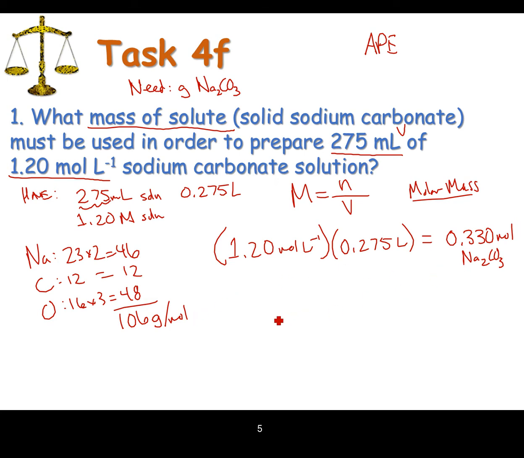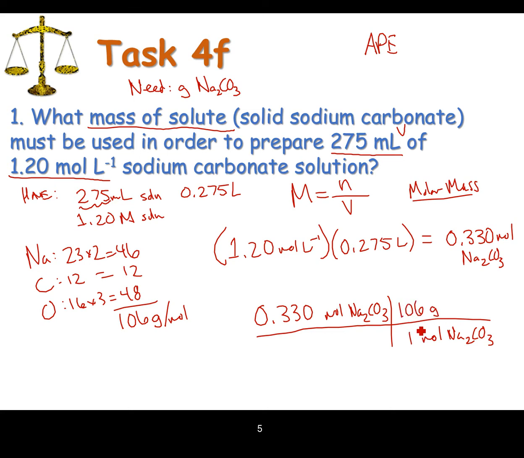So we can apply this here now as 0.330 moles of Na2CO3. And then we want to cancel, we get rid of moles of Na2CO3 to find the number of grams. And so that's going to be the molar mass, 106 grams per mole of Na2CO3.